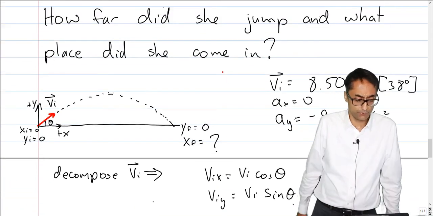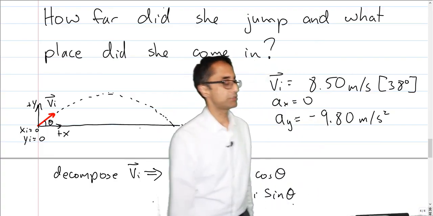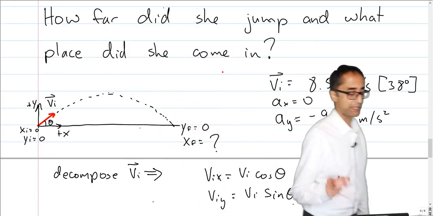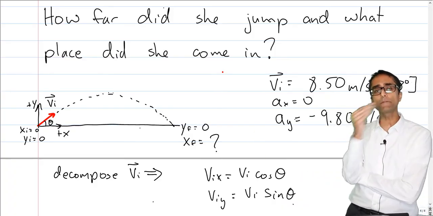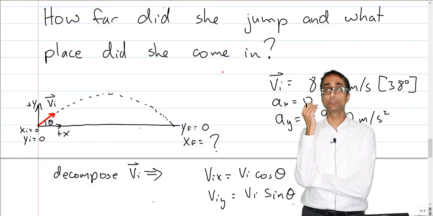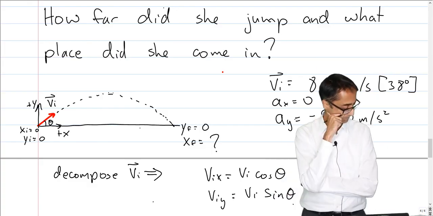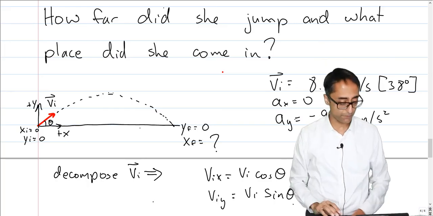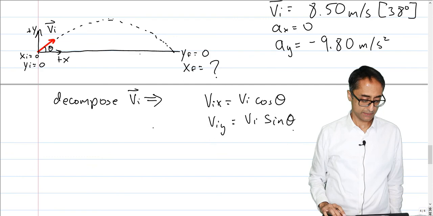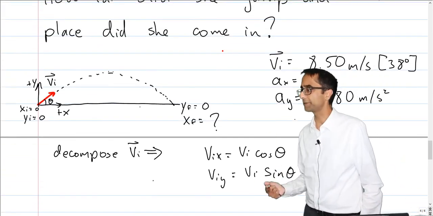All right. So let's jump into this problem. What are we going to do to find out the unknown? We are looking for x final. Can we find x final by doing kinematics only in the x direction right now? No. I don't have enough information in the x direction. Let's see what I know in the x direction. I don't know t. I don't know x final.